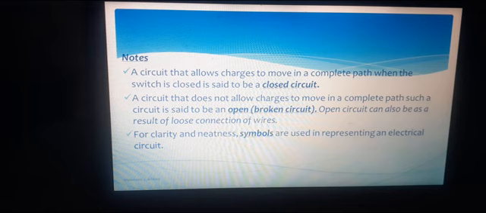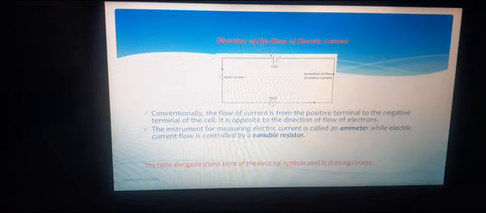For clarity and neatness of drawing, symbols are used in representing an electrical circuit. Next, the direction of flow of electric current. We must know the direction of the flow of the current. Conventionally, the flow of current is from the positive terminal to the negative terminal of a cell.